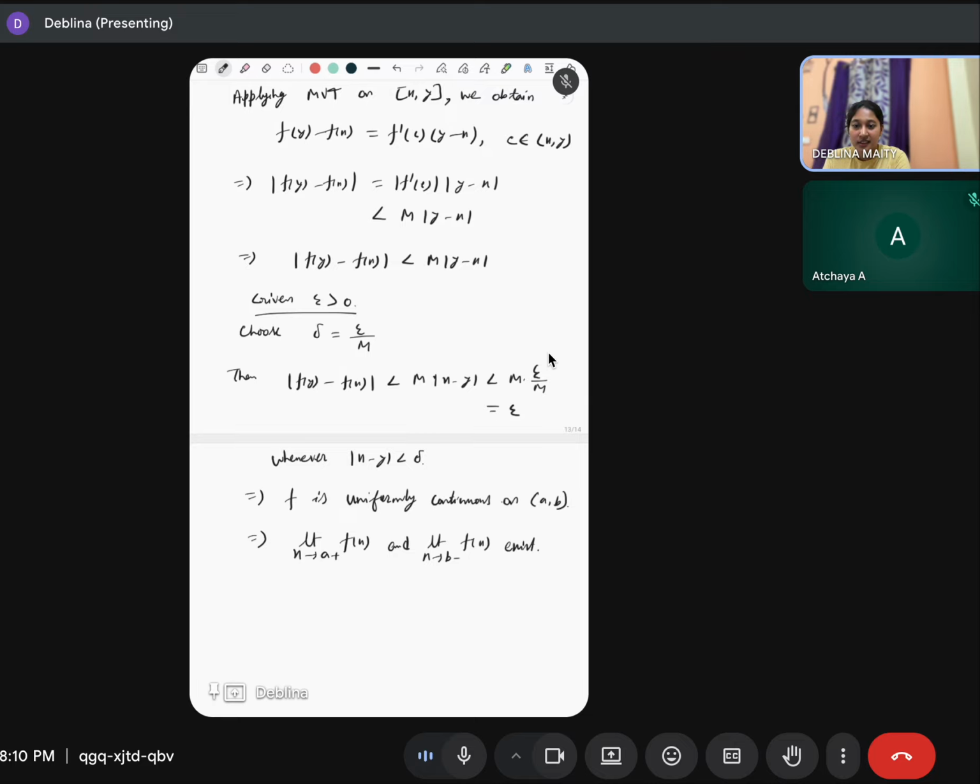We have already seen that in the last class. Since f is uniformly continuous, we can extend it to the endpoints, and the extended function is continuous on the closed interval [a, b], right? Okay.